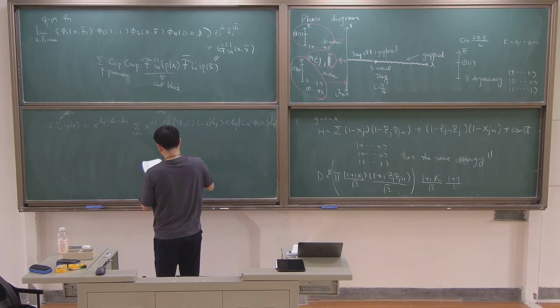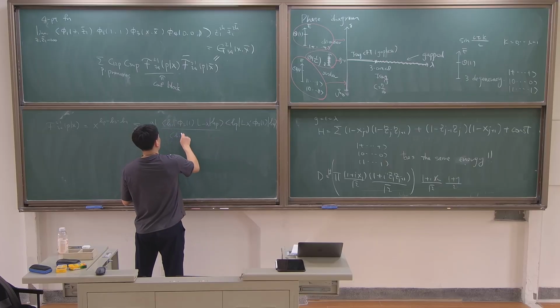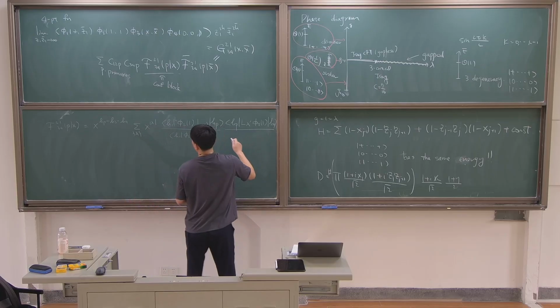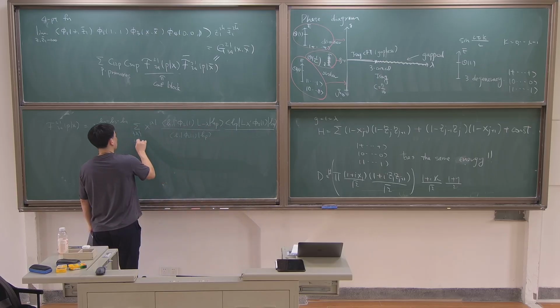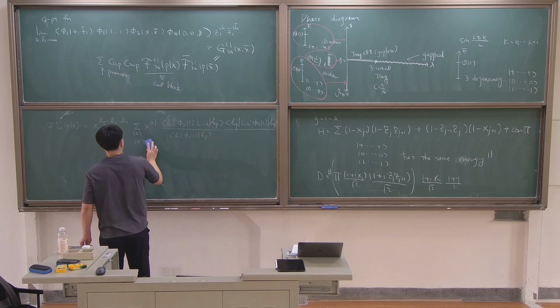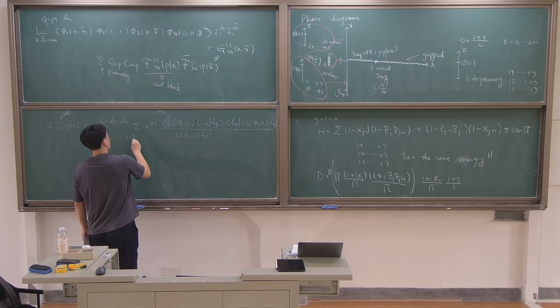Divided by an appropriate normalization, and then here you have lambda and lambda prime. The number of boxes in lambda and lambda prime should be the same.